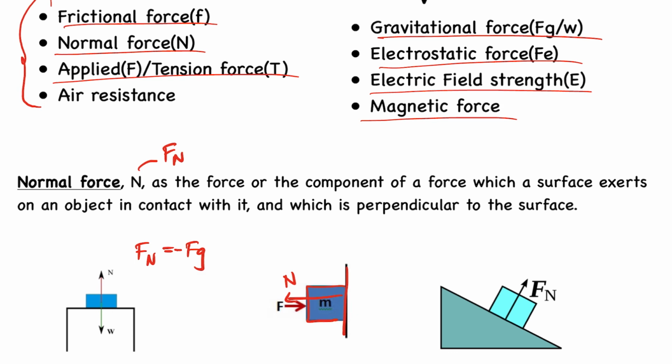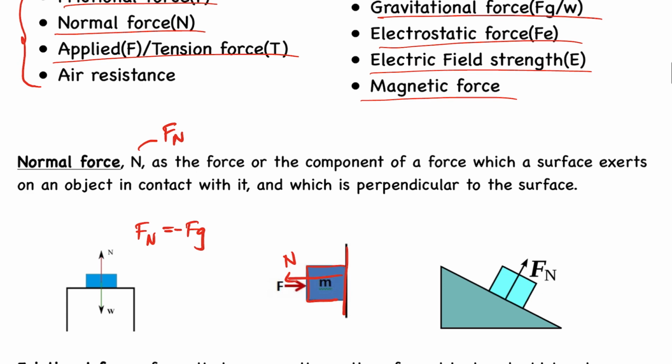So it's the force that the surface exerts on an object. Even for an object on an incline, on a steeper slope, the object is lying on that, so there is a normal force there. The normal force is always perpendicular to the surface.